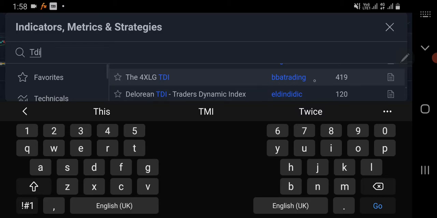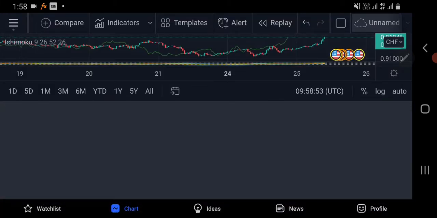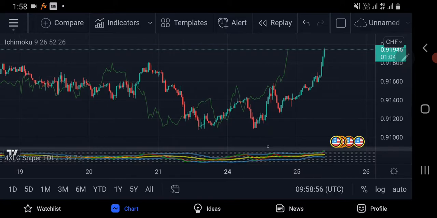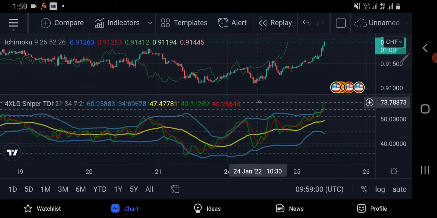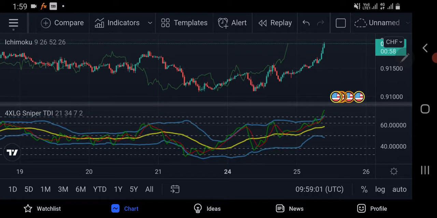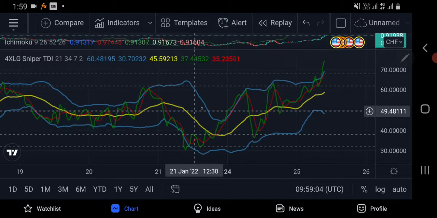Keep in mind, the TDI for XLG TDI, 419 is the number. You can bring this one on your chart, and it's going to be right here, as you can see.